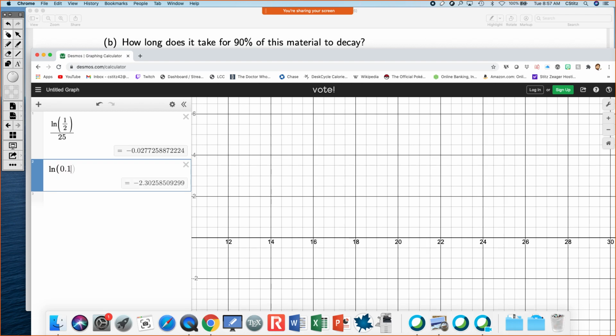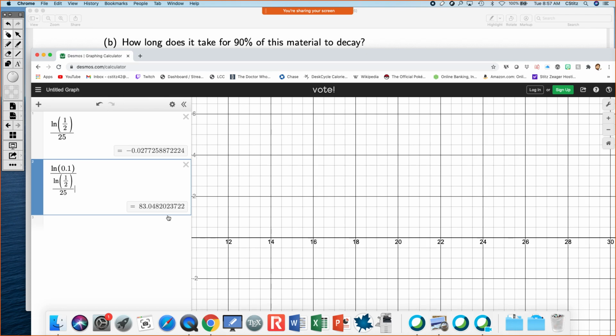The natural log of 0.1 divided by negative 0.0277. And in fact, if we wanted a more exact answer, we can put this whole thing in. So using 4 decimal places, I'm getting 83.12. We can just copy and paste this whole thing down there if we want to get 83.04.